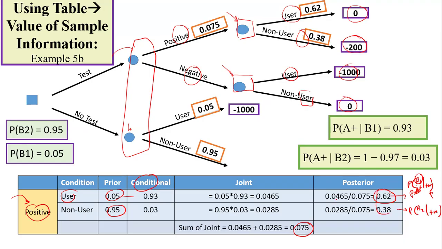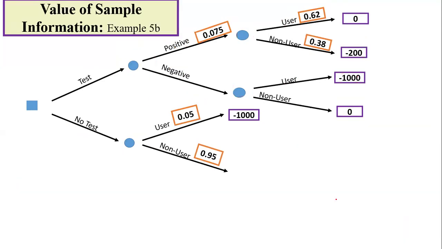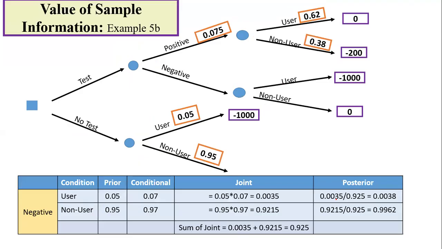And you put all the values into the system there. See, look at that. Okay. This is given. So he's a user. Probability of user given positive. Probability of non-user given positive.